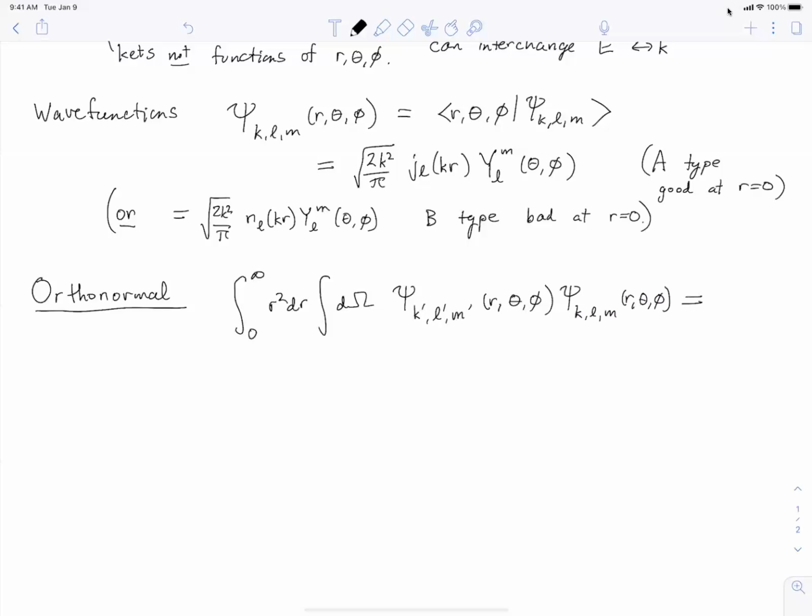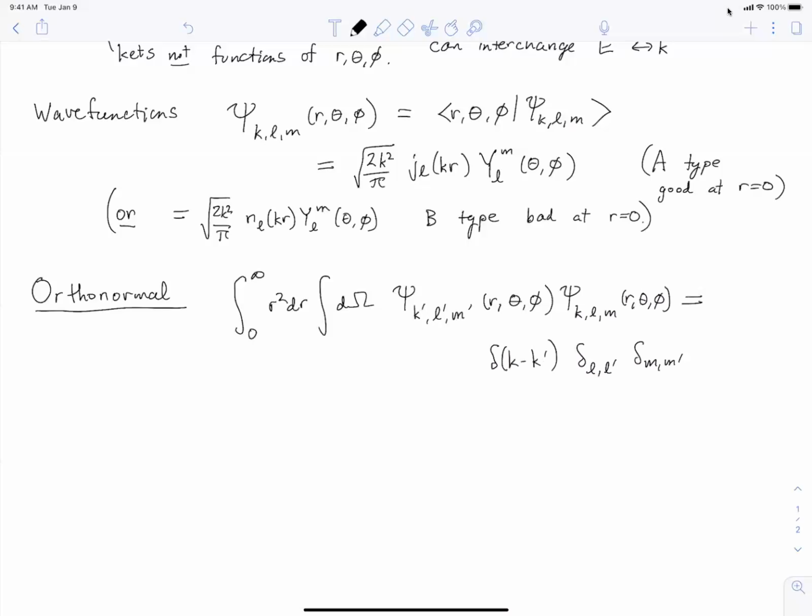Okay, that equals, I ran out of space there, but there's a delta function in k minus k prime, a Kronecker delta in l prime, and a Kronecker delta in m prime.